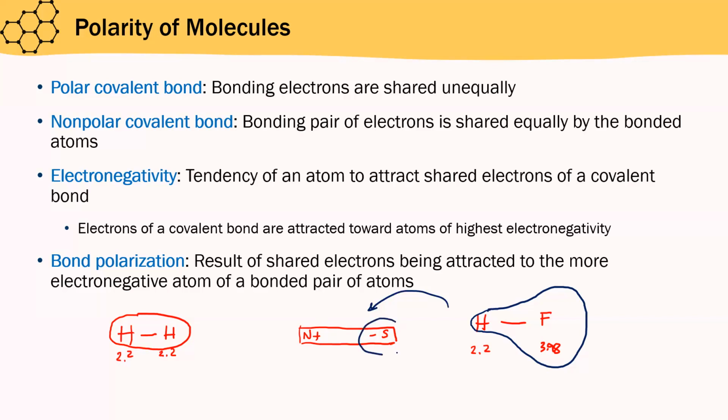One side is more negative than the other, because of course the other side is positive. But anyway, that's the idea. So this is imbalanced in terms of electron distribution. Therefore, we can say that it's a polar covalent bond. The bond is polar because we have this thing called the dipole.